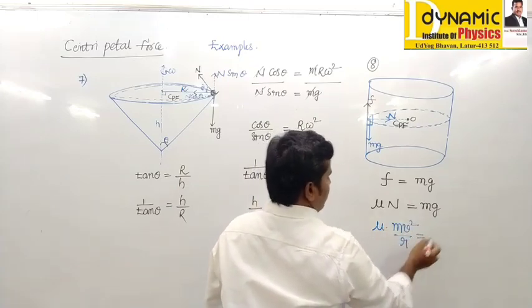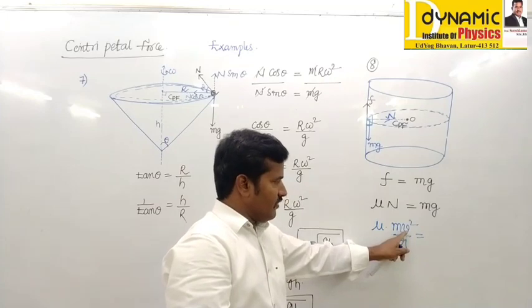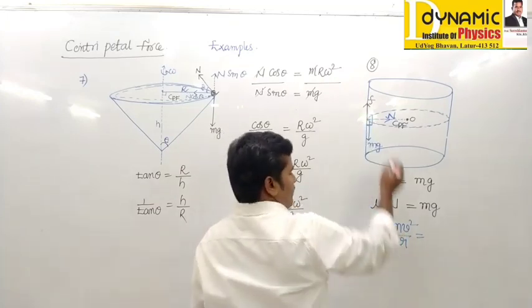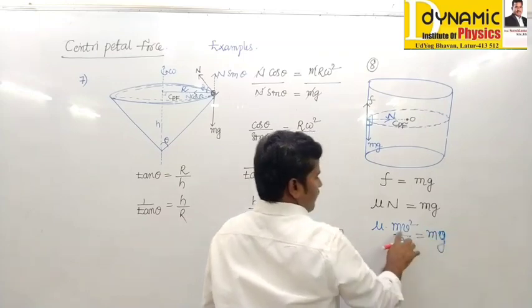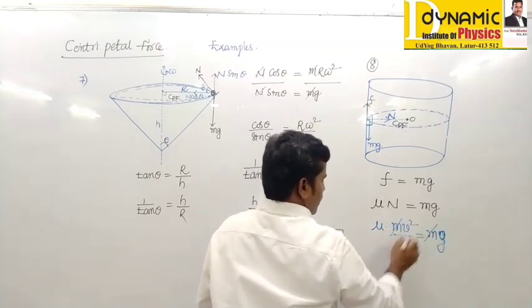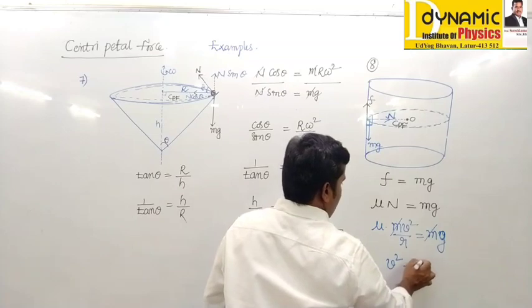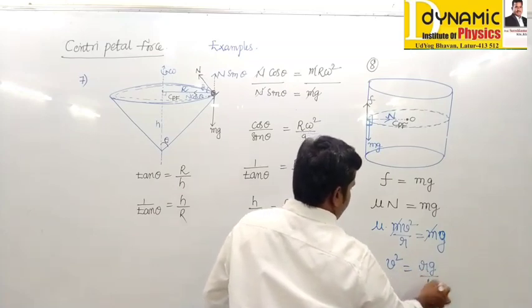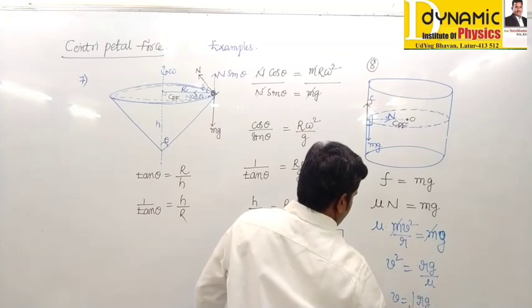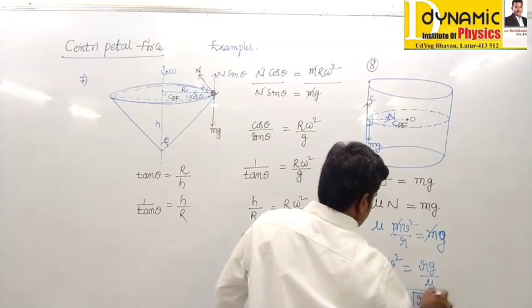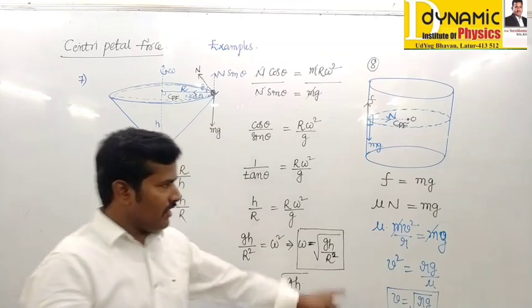That means we want the safety speed, the maximum speed. So v square equals rg upon mu, where v equals under root of rg by mu.